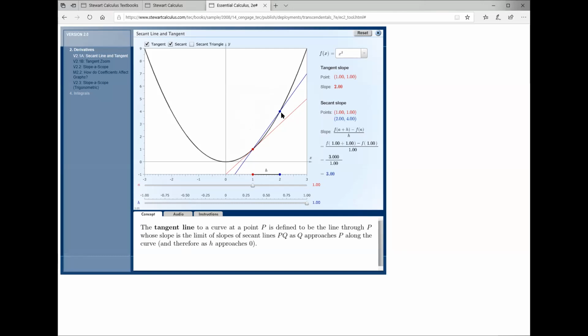But our goal is to get the slope at this one point. So what did we say we did? We're going to move this point closer and closer, or remember, we want the h value to go to 0. So see how I can slide this? See now how we're calculating, and this over here is calculating the slope using this. And this is calculating the slope literally using the two points.